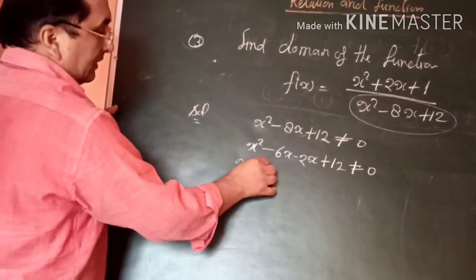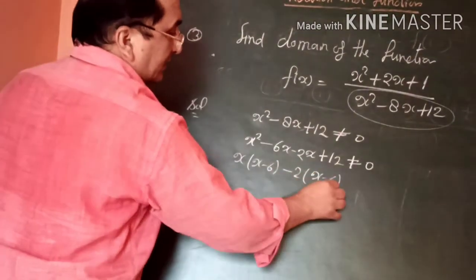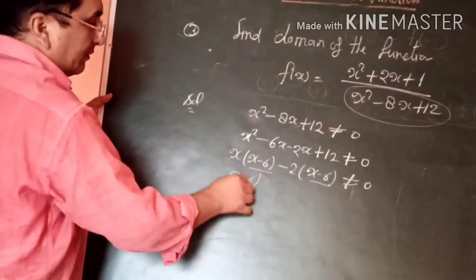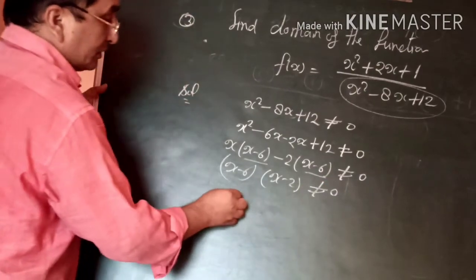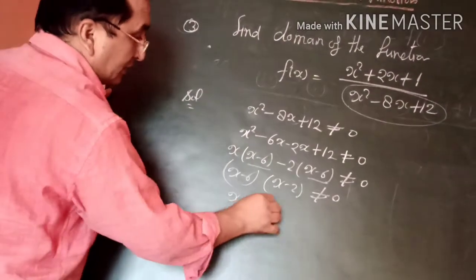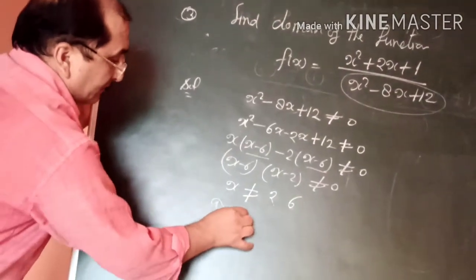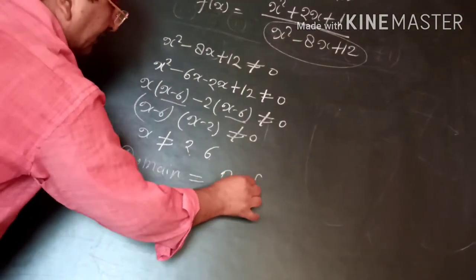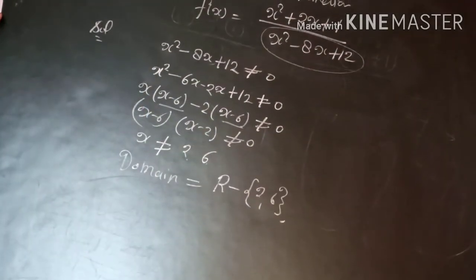Common x minus 6, minus 2 is common. x minus 6 is not equal to 0, x minus 2 is not equal to 0. It means x is not equal to 2 as well as 6. So the domain of the function will be all real numbers minus {2, 6}. This is the answer to your question.